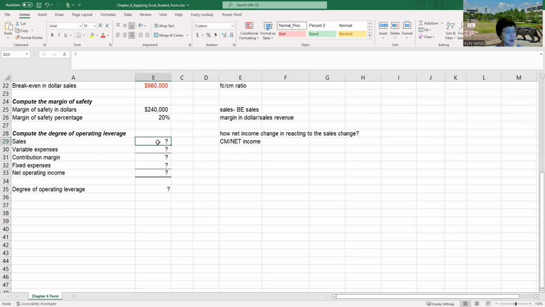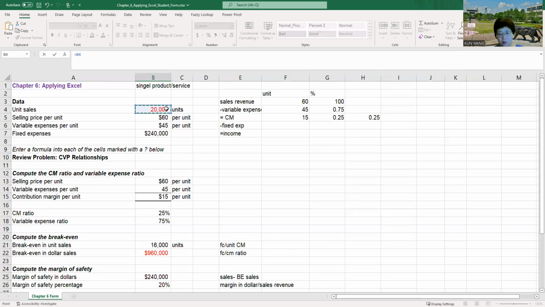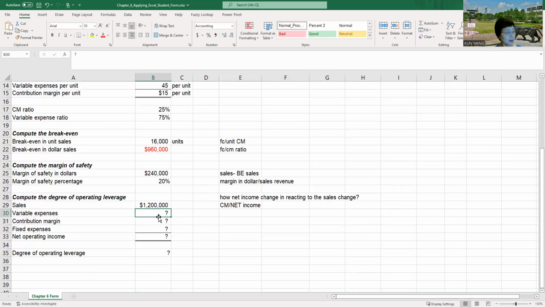Now we can work on it. Sales revenue, we already did it. I believe it is 1.2 million. Sales price per unit, I'm using the top. This one is fun also. It equals units times pricing, 1.2 million.